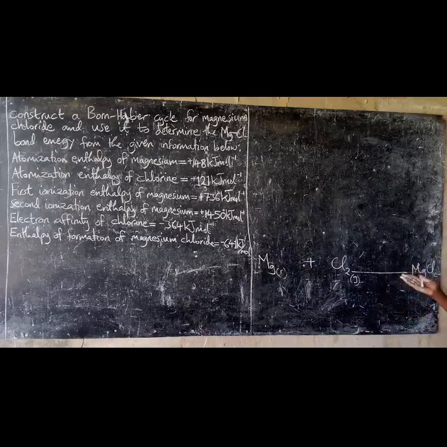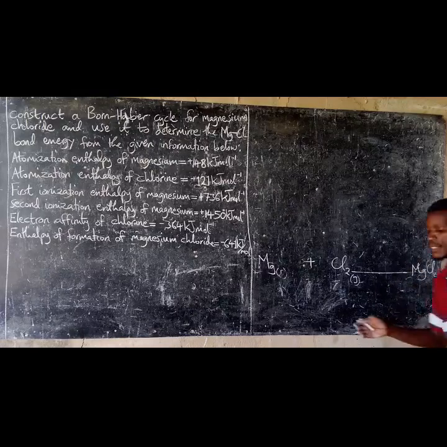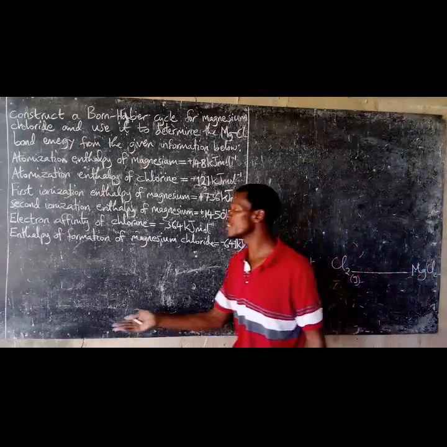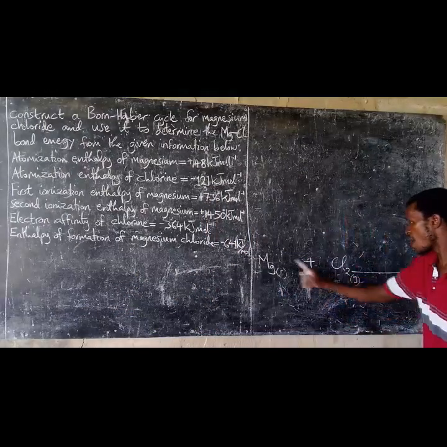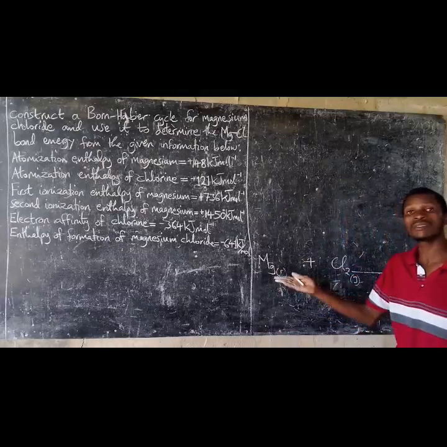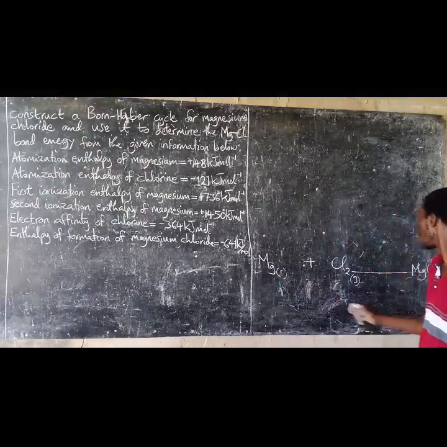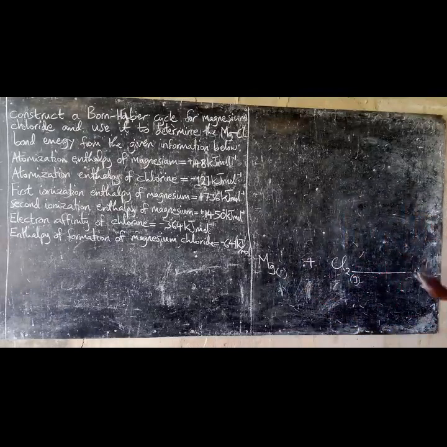That is not correct. That is not true. Why? The product formed has a heat of formation which is not equal to 0. But these have a heat of formation equal to 0. They are standard substances.